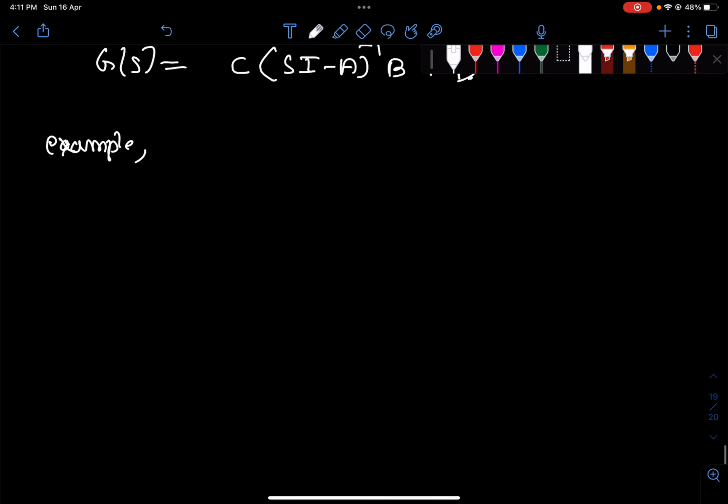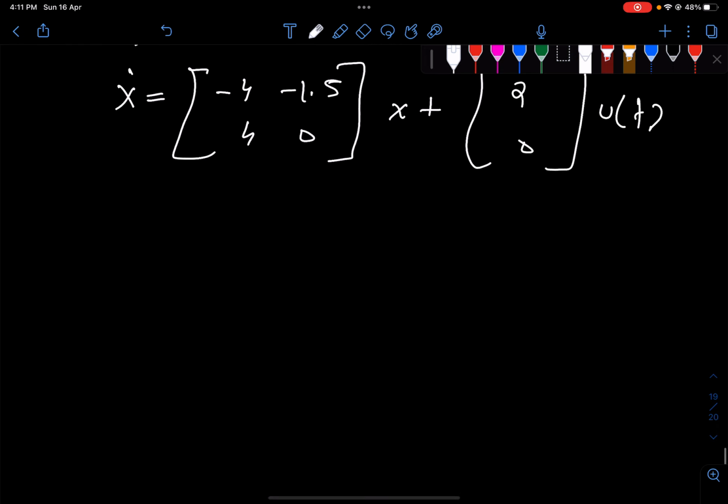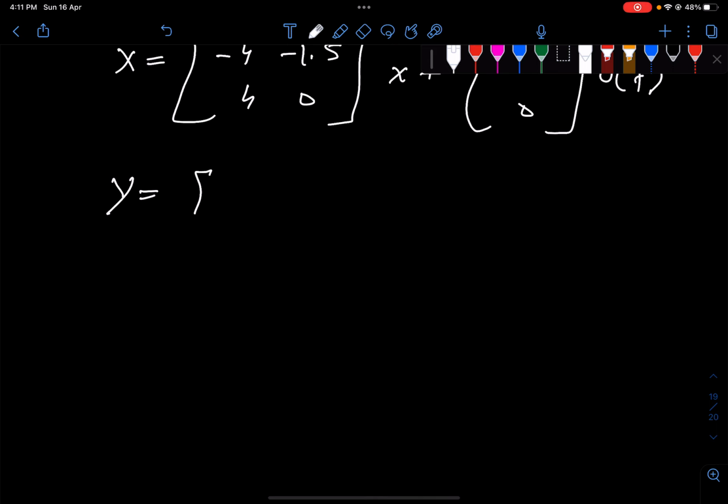Suppose our x dot is given as [minus 4, minus 1.5; 4, 0] x plus [2; 0] u of t, and y is equal to [1.5, 0.625] x.